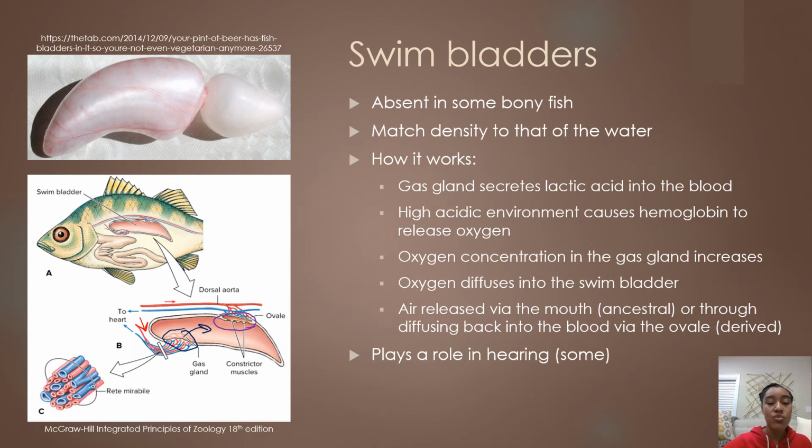So the oxygen will go from the swim bladder to the ovale and then be put back into the red blood cells that are passing past that region. And so that's a way that they can deflate their swim bladder as they're going deeper into the water column. And in some fish, the swim bladder, in addition to playing a role in buoyancy, also plays a role in hearing.